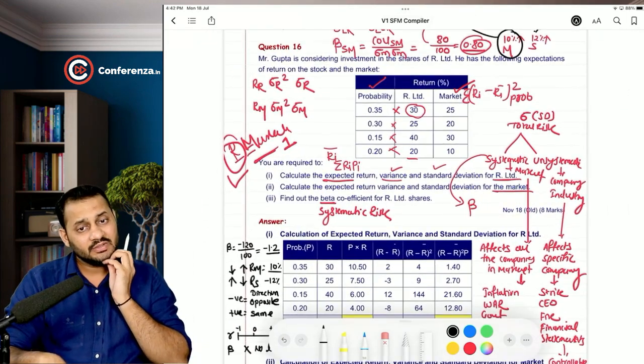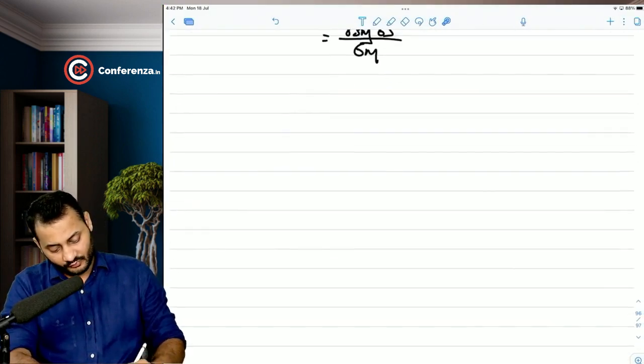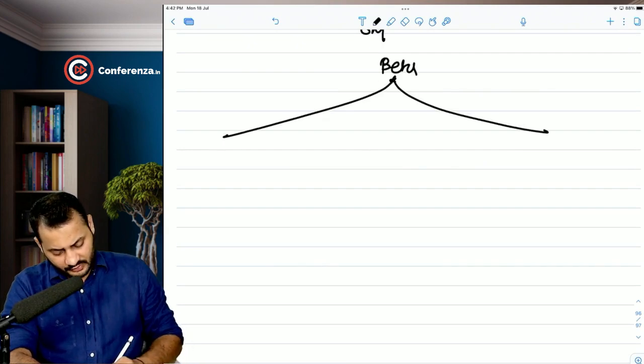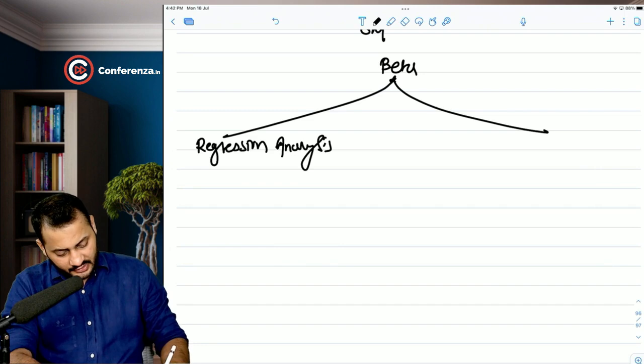So that was one of the methods of calculating beta, but beta has two different methods to calculate. One is called regression analysis. You have seen this formula in CA Foundation, and the other one is called correlation analysis.